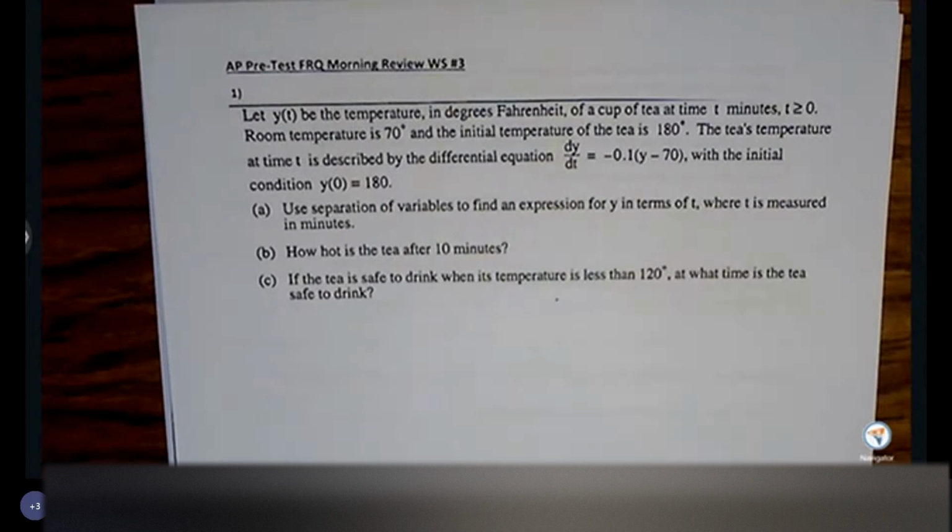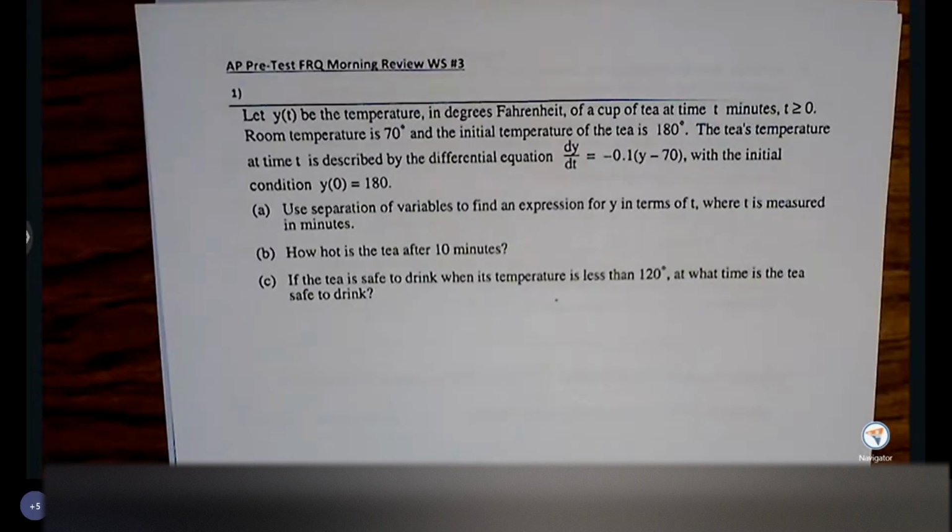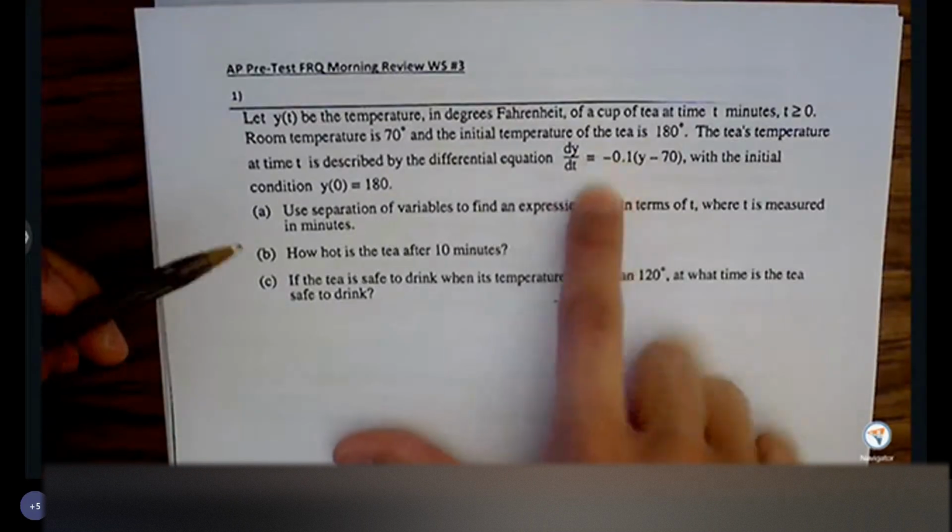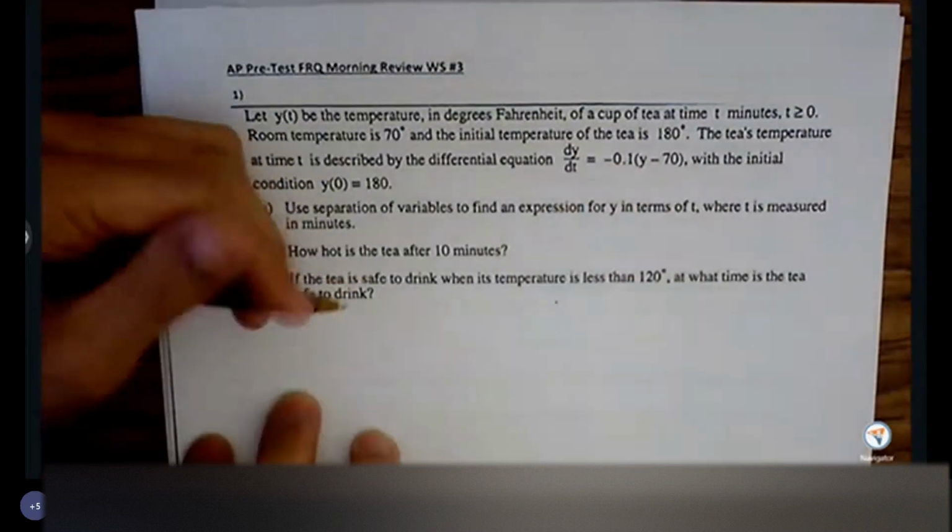Part A, use separation of variables. Find an expression of y in terms of t, where t is measured in minutes. So we're going to solve the differential equation. I'm going to set this up so I can cross multiply to get the dy and dt in their right places.